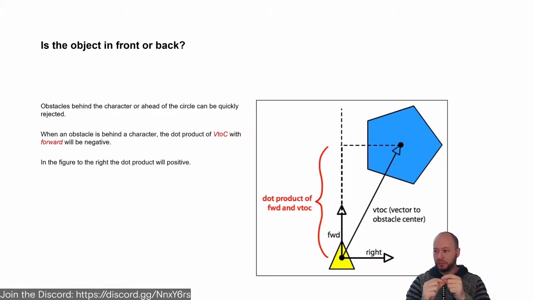Now you can determine how far forward an object is, and so you can effectively check collisions in order of how far away they are from us. That kind of ordering, by the way, is particularly useful for spatial organization of your scene, and if you're trying to do slightly more complicated things.